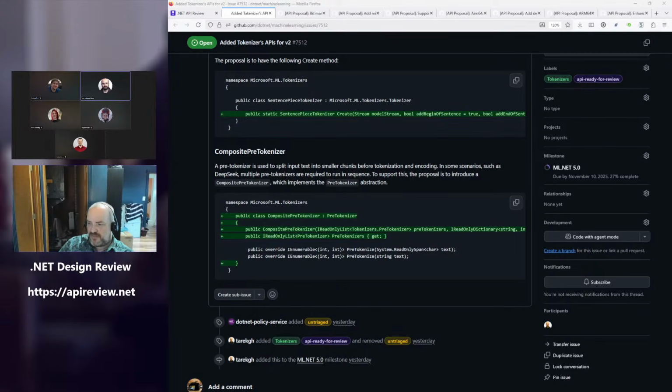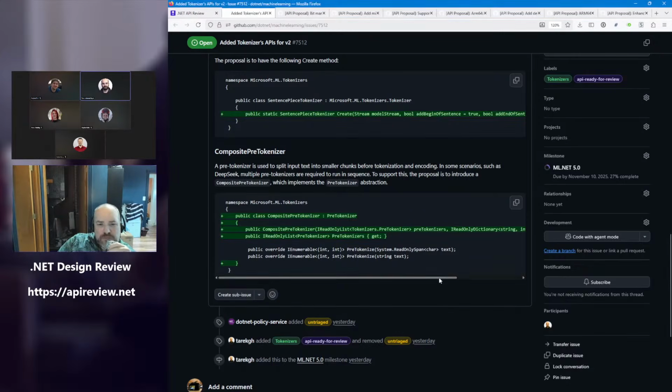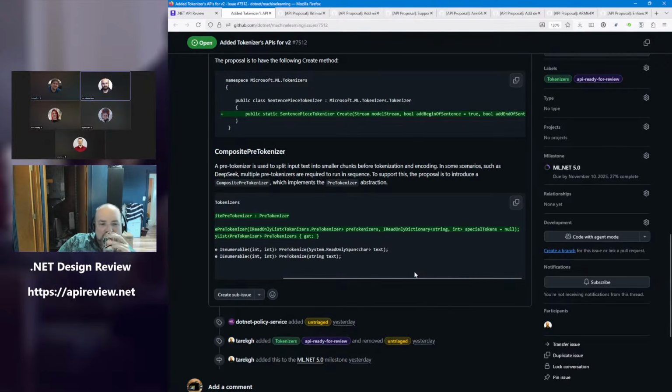This pre-tokenizer will take a list of other pre-tokenizers to use to process the text. Something I also want to mention here is that the order of these pre-tokenizers is very important. You have to apply the first pre-tokenizer first, and after that you proceed with the second one and third one and so on.